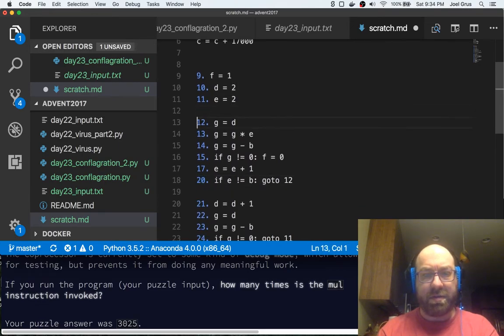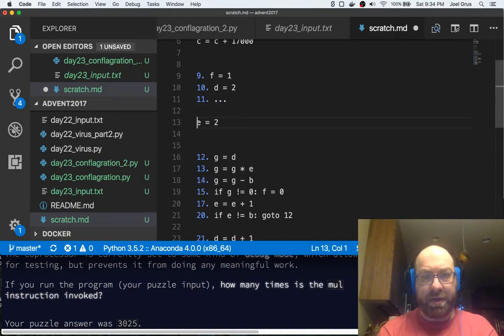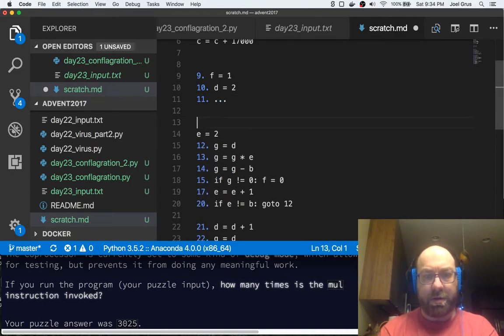And so we have this little loop here, which is basically, and again, I'll put these dots in here. And so this is really for E equals 2 to B minus 1.